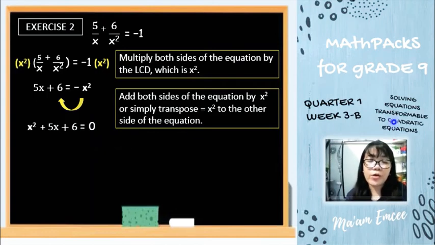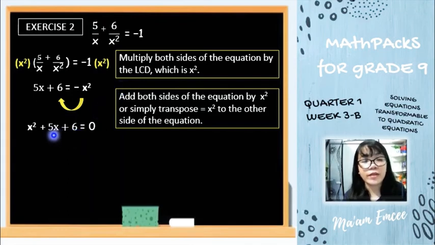Now we are ready to solve for the roots using factorization. For your factorization, again, we need to take into consideration the 6 and the 5 here. 6 is the product, 5 is the sum. So we need to think of two numbers whose product is equal to 6 and whose sum is equal to 5. Since this is positive, our two numbers are either both positive or both negative.